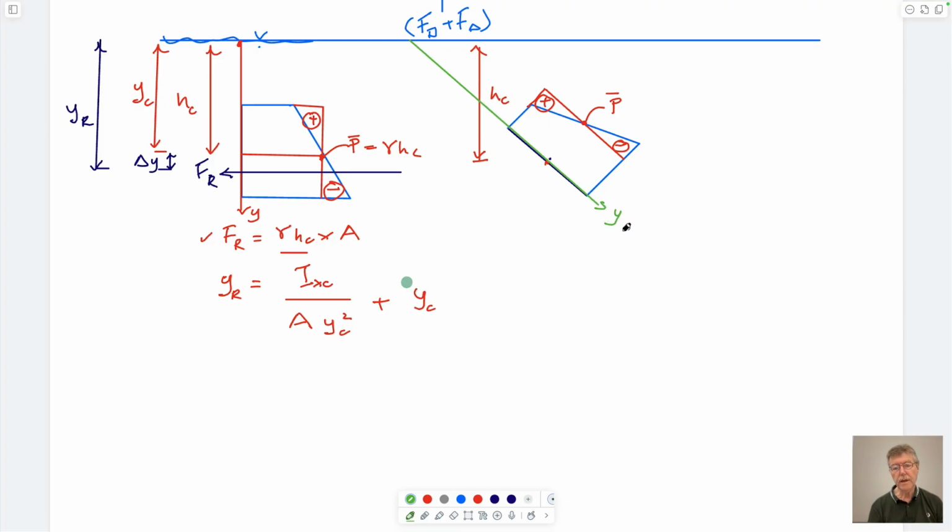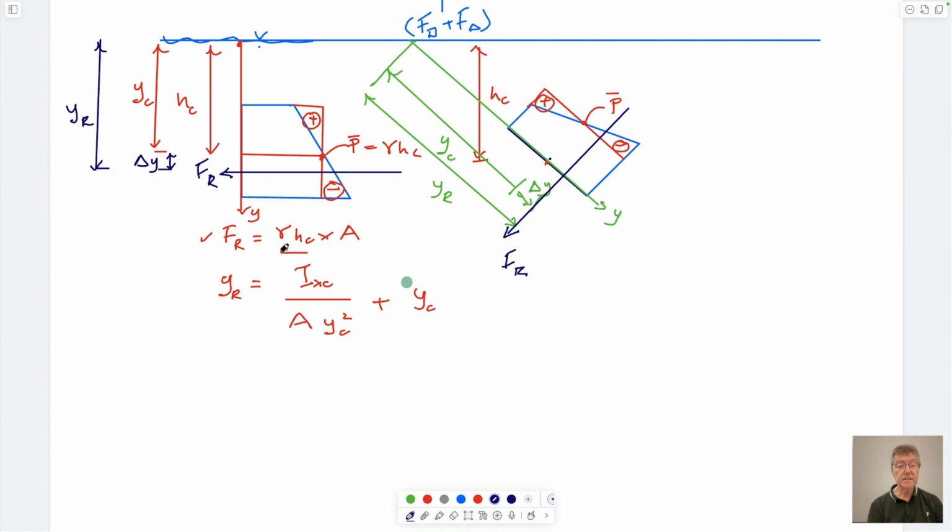So this is y, and this is YC. This is delta Y. And this total thing is Y sub R. And true to form, the location where the force acts will be through here.